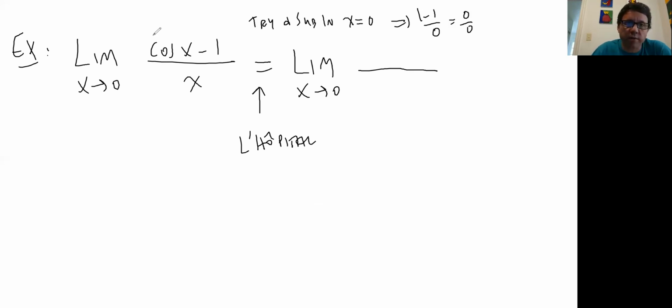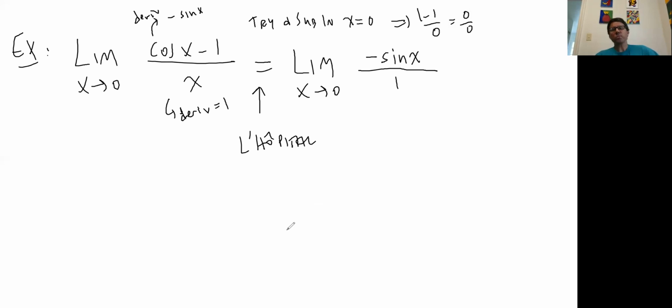So if I take the derivative of the top, it will be minus sine. And if I take the derivative of the bottom, I get 1. So I would then recompute this limit with these two new functions, negative sine of x and 1.